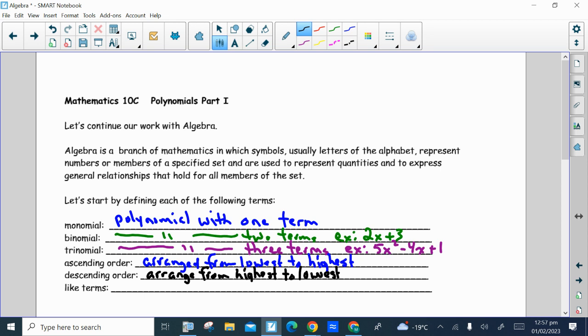And the reason we talk about that with polynomials is that normally polynomials are arranged with the highest power first and then the next highest power and so on.